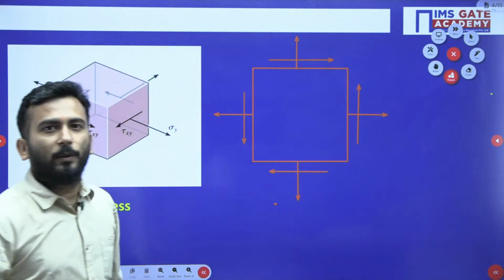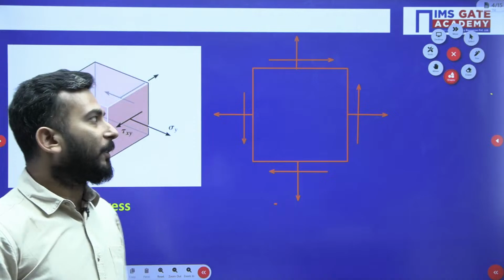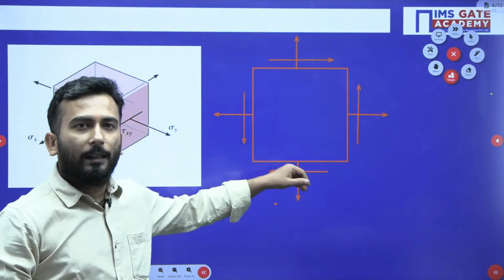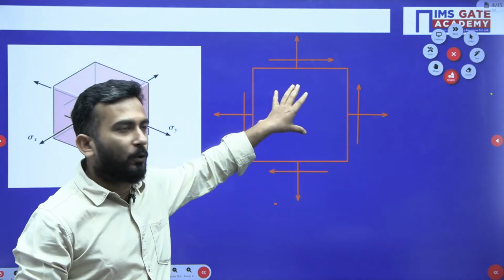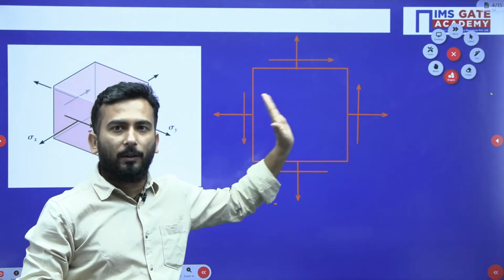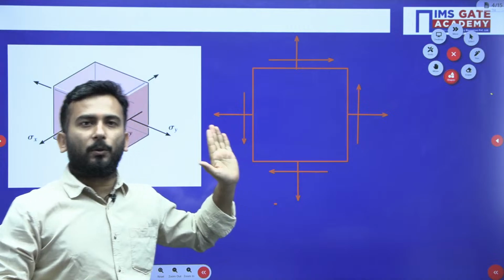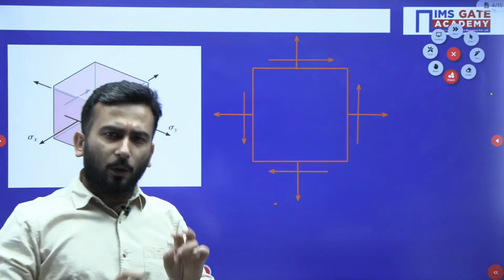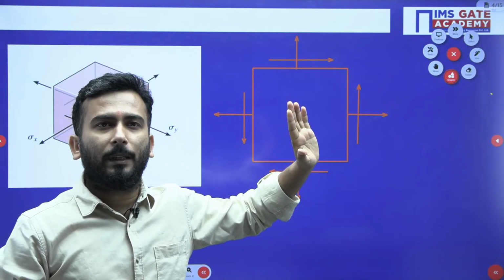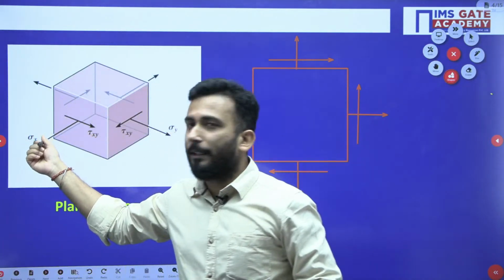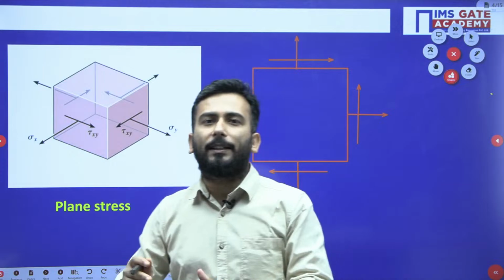This figure you will encounter later on. So what do you think? Am I talking about only one plane like this? Are we talking about only one plane or one face? How did this figure come into picture? From this figure to this figure, how did it come into picture?